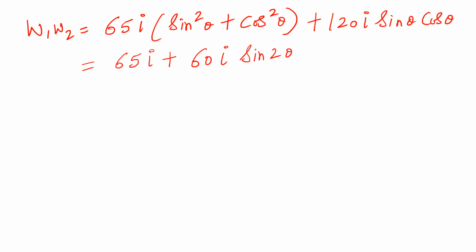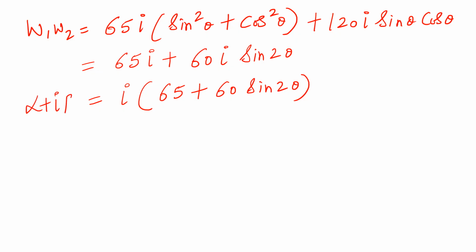Right? Now students, if I take out i common, inside the bracket I get 65 + 60 sin 2θ. Now in the question it is given to us that W1 W2 is equal to α + iβ. Here obviously we will consider that both α and β are real numbers.